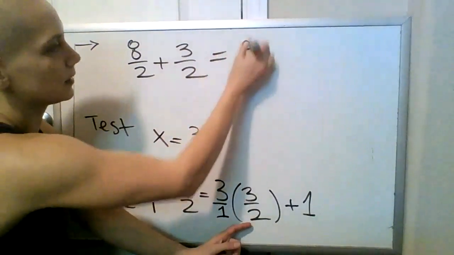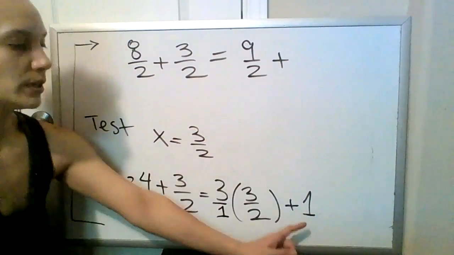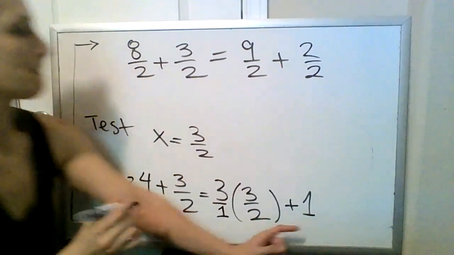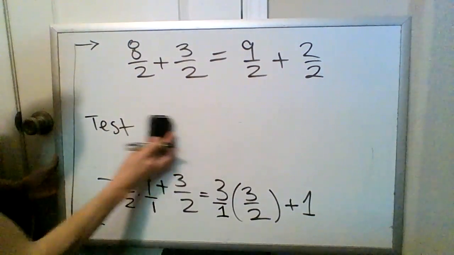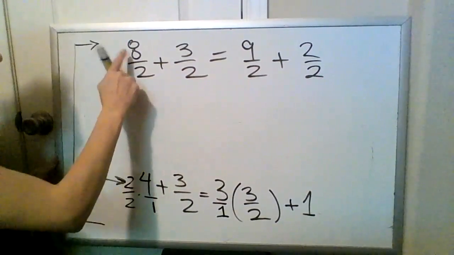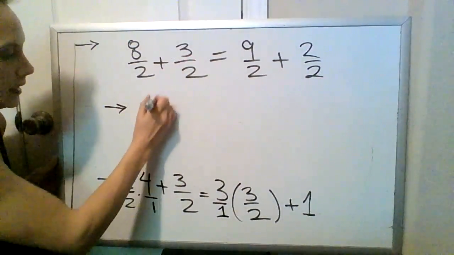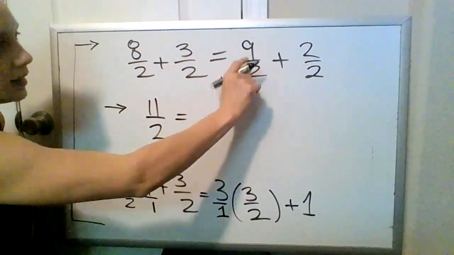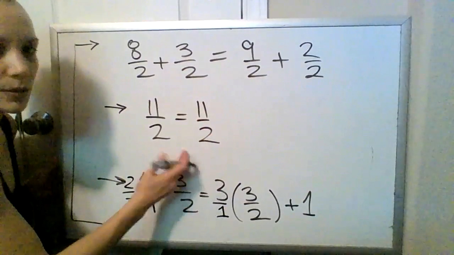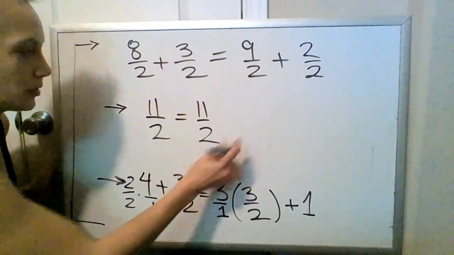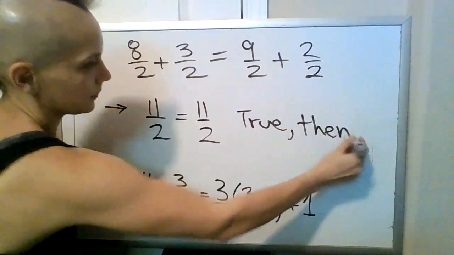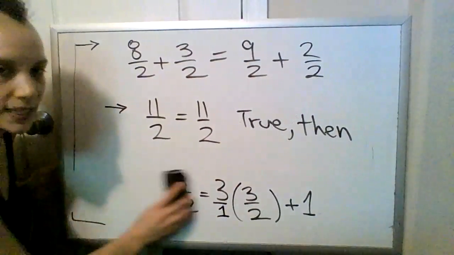And we can rewrite 1 as 2 over 2, over 2 on this side. 9, 10, 11 over 2 on that side. So 11 over 2 equal to 11 over 2 is true. So 3/2 is a solution.